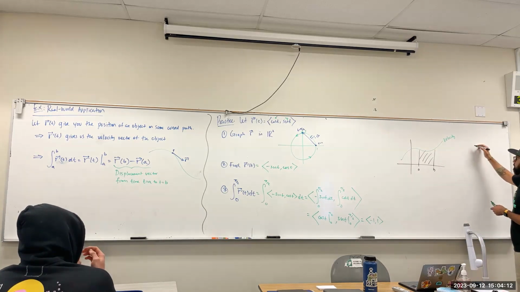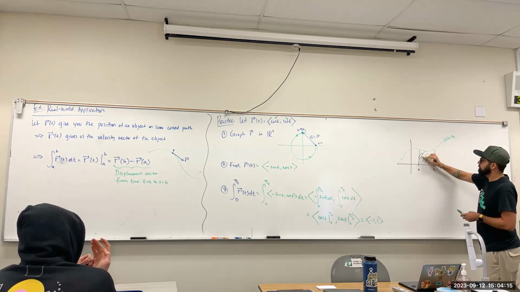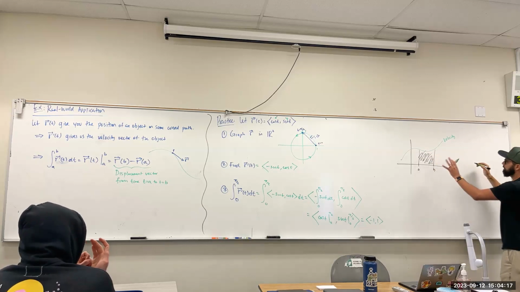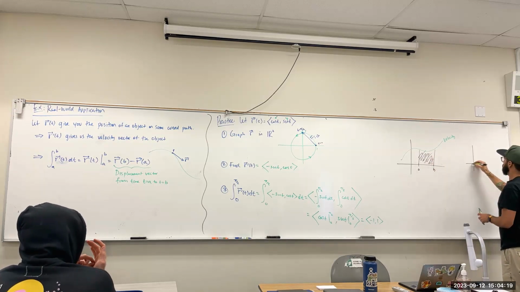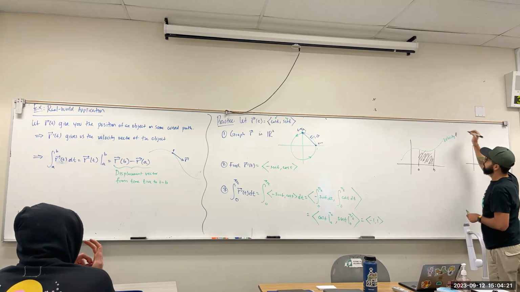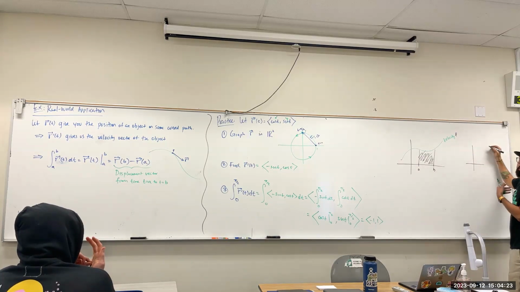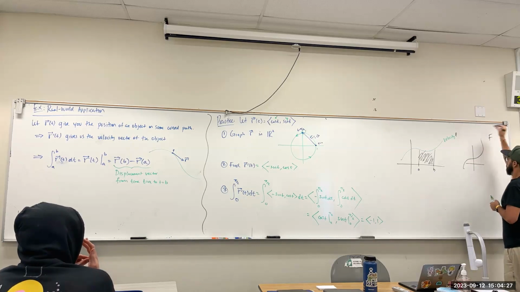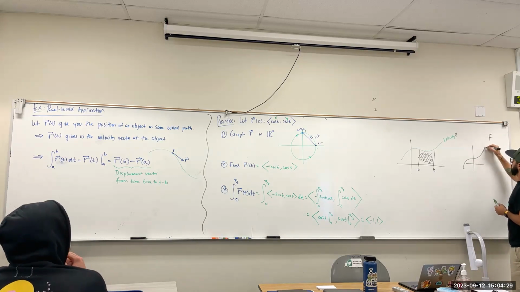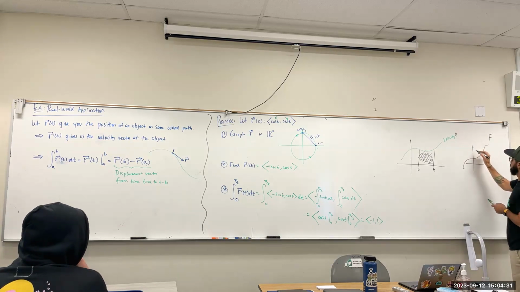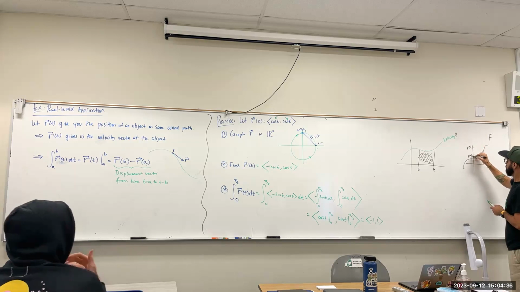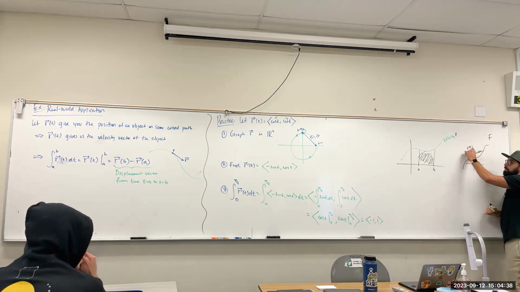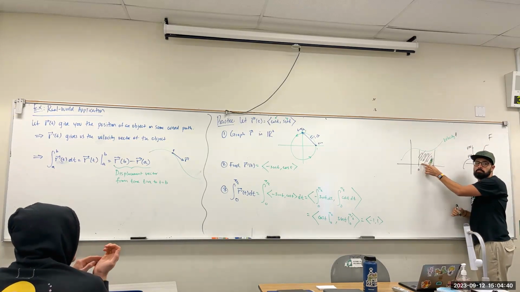So this area that you get is the same value as if, let's say this was f, and I was to graph the antiderivative, whatever it would look like, the difference in the y values, this difference is this area. Okay.